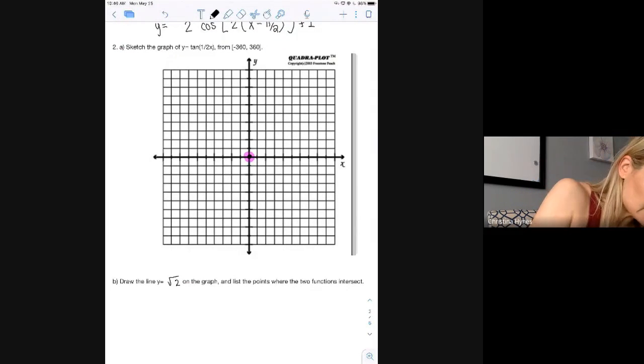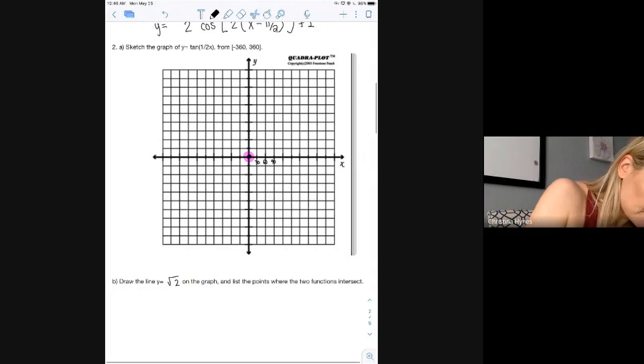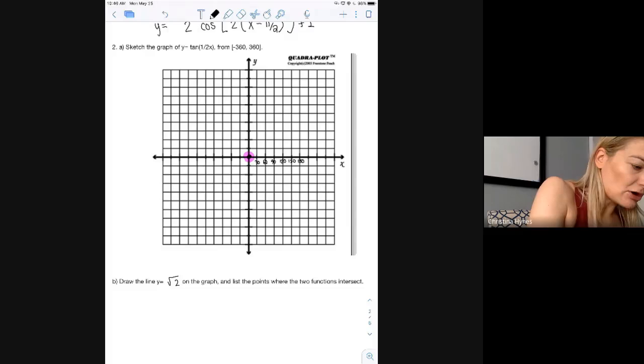So I can use the same scale here: 30, 60, 90, and we have 120, 150, and 180. Okay, so I would mark off those. Those would be important things to label on your graph, those vertical asymptotes. And do the same for the other side as well.